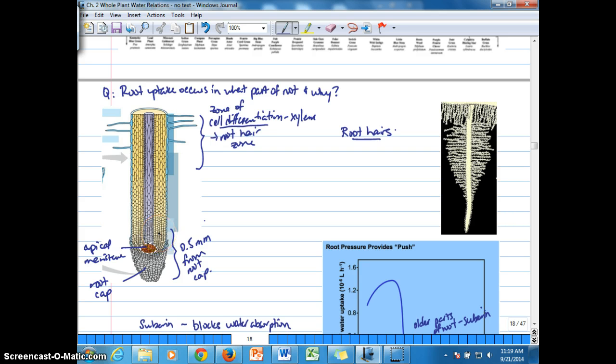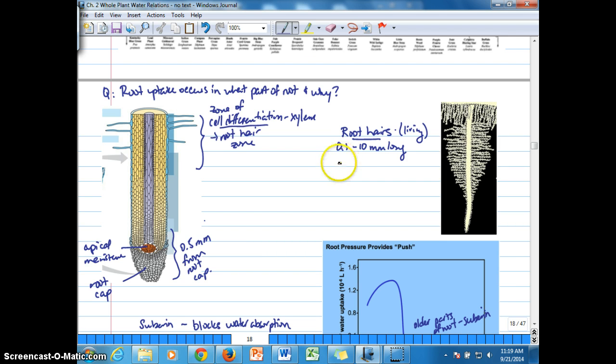There's cytoplasm or protoplast that extends out into the root hair. They are something like 0.1 to 10 millimeters long on average. I'm going to write up here what we just said, that it is living and it's part of the root epidermis. Make sure you take note of that.